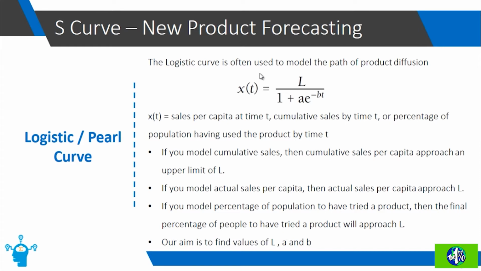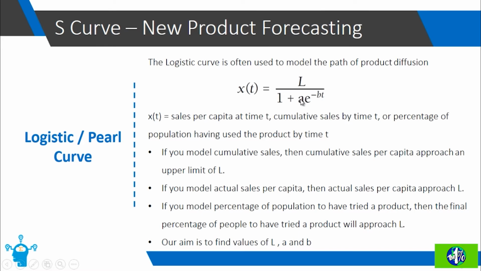So using Solver, we will use previous data of xt and t to find out the values of L, a and b. Once we have the optimum values of L, a and b, we will use them to forecast future sales using this model, and all these sales values will overall create an S curve.